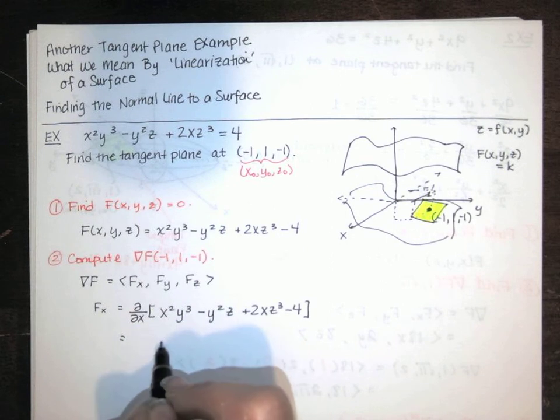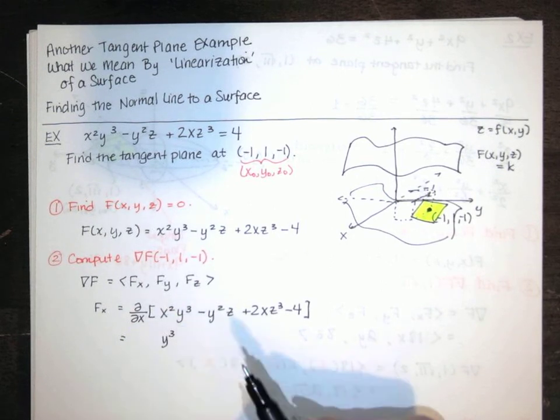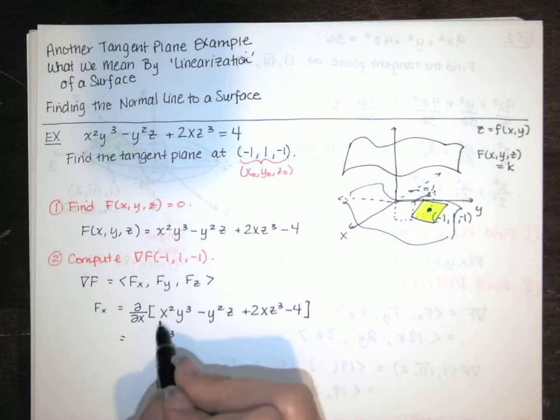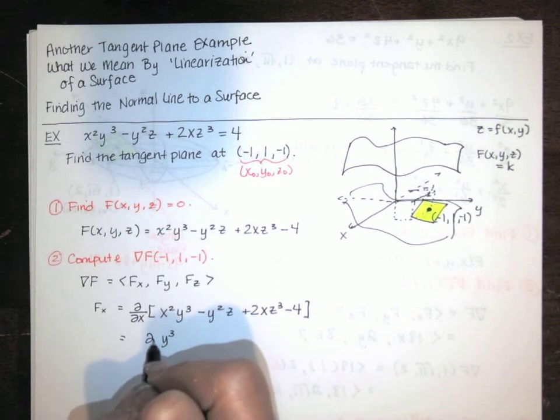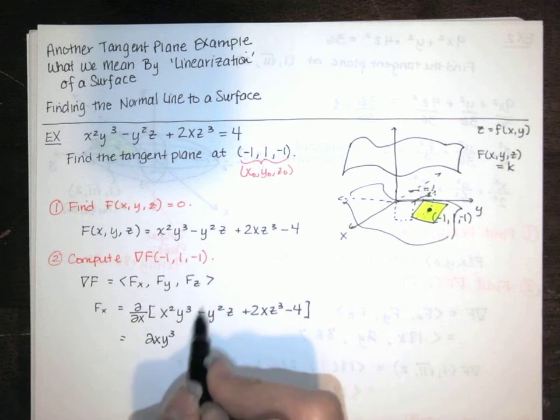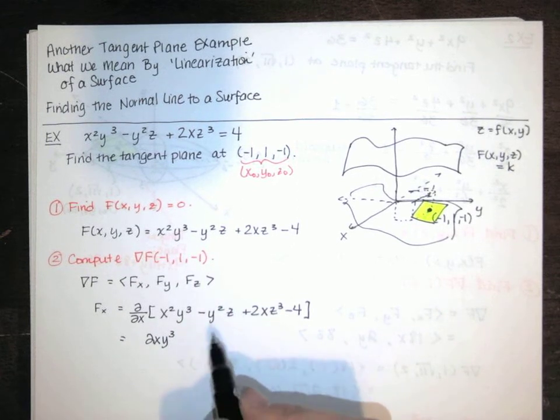If y is a constant, that y cubed will come down. I have a constant times x squared. The derivative of a constant times x squared is that constant times the derivative of x squared, which is 2x. There are no x's here, so the whole thing is constant with respect to x, so we get 0.